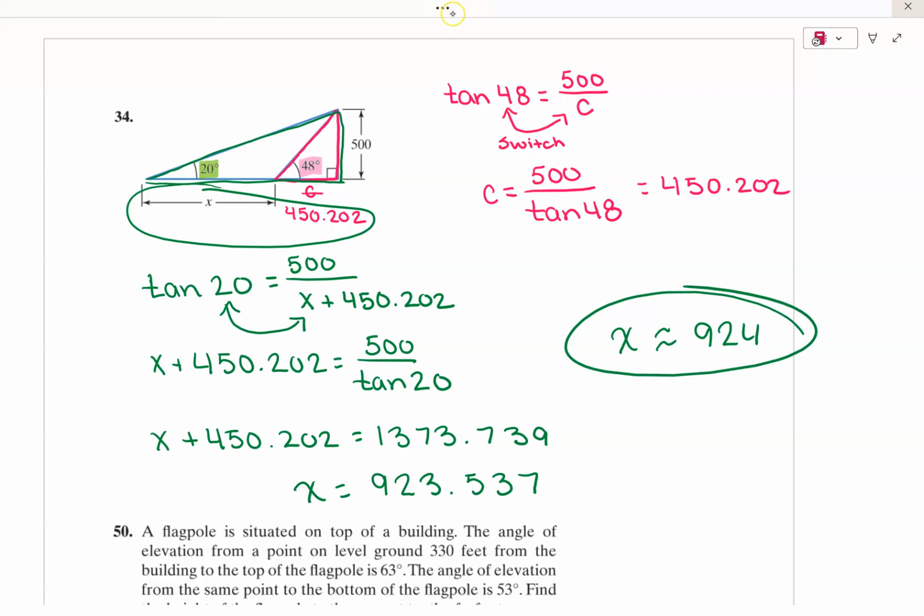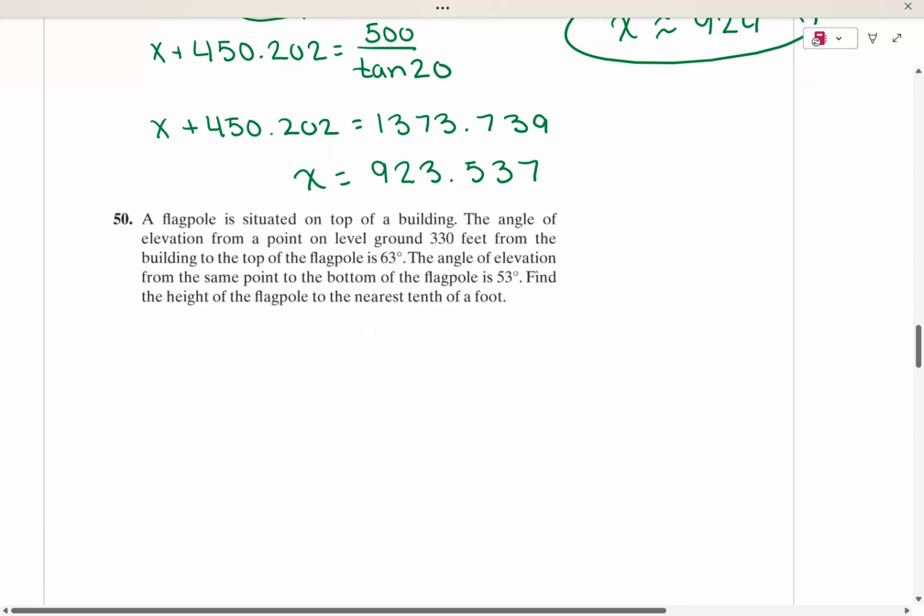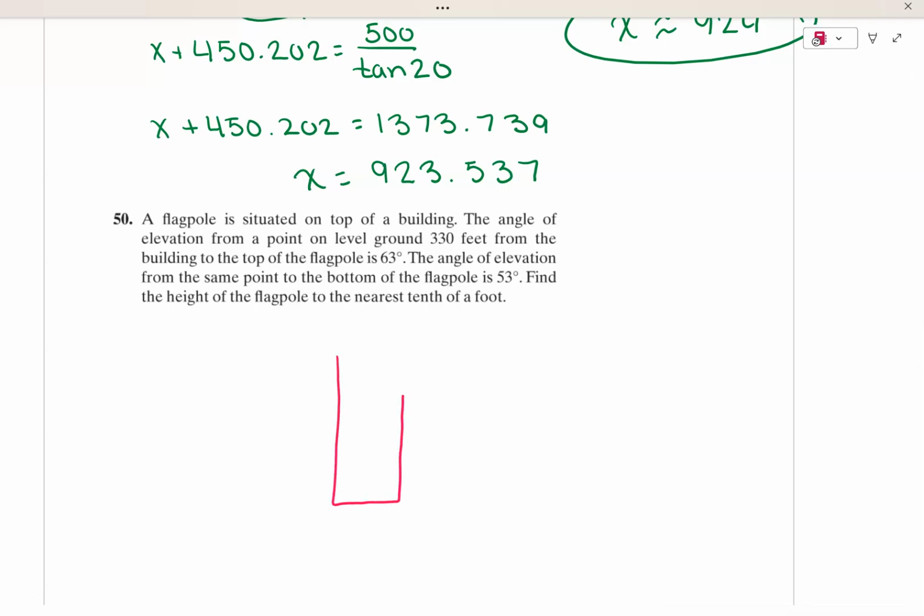Okay, we got back to a word problem. So a flagpole is situated on the top of a building. So we've got a building, and then we have a flag.